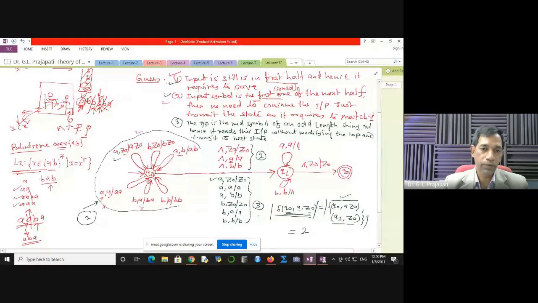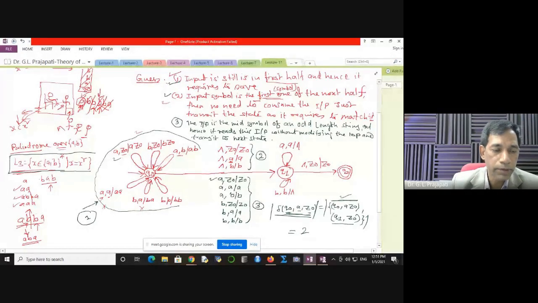So for the language L3, what is this L3? This L3 is the language of palindromes over the alphabet sigma, which contains only the 2 symbols A and B. So L3 = {X ∈ {A,B}* such that X = XR}.